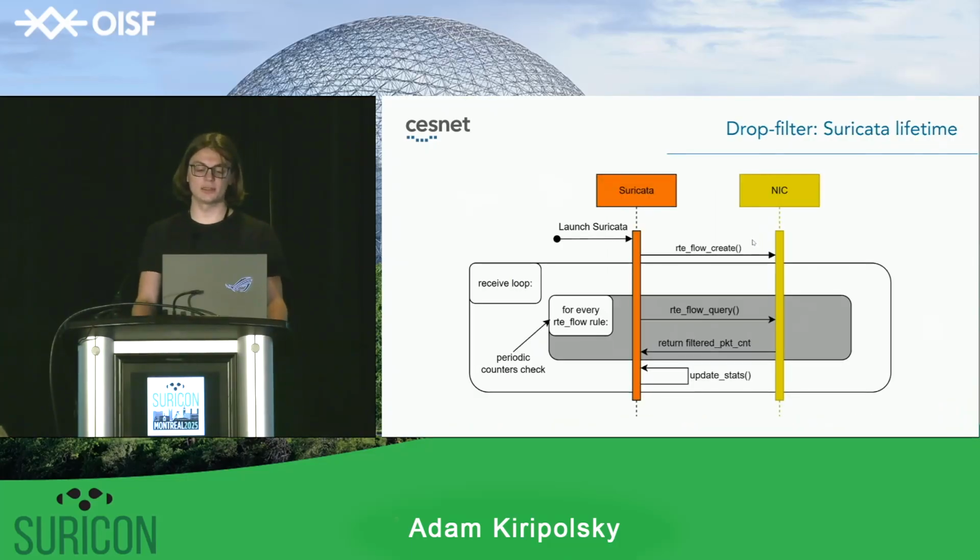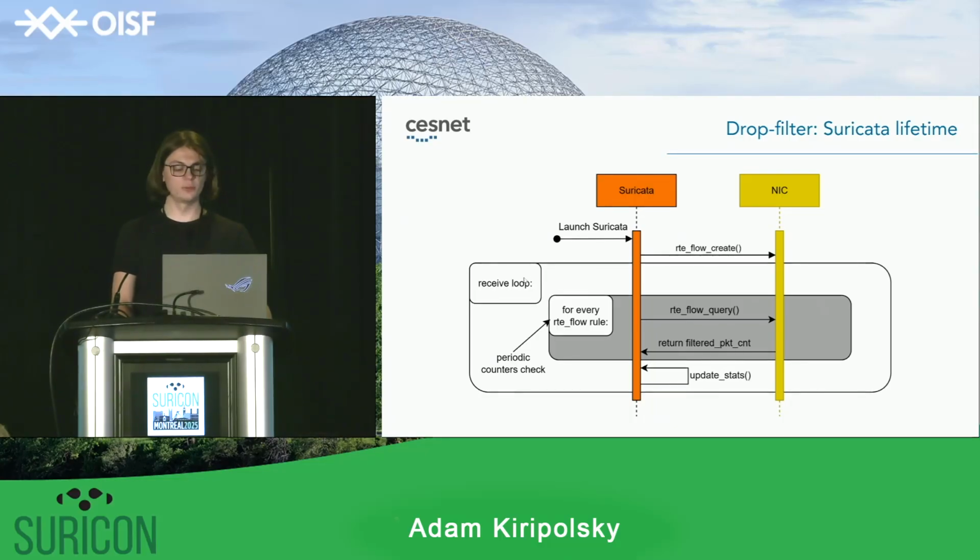Now let's look at what the Suricata lifetime looks like from the aspect of creating and querying the drop filter rules. Suricata starts, then we perform the RTE Flow create API call one by one for each rule.